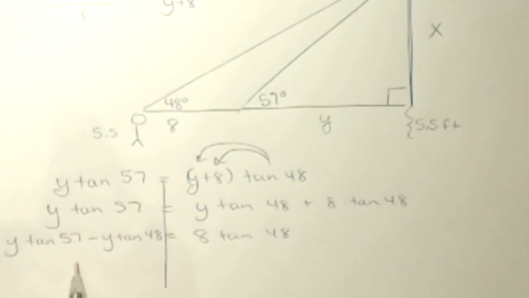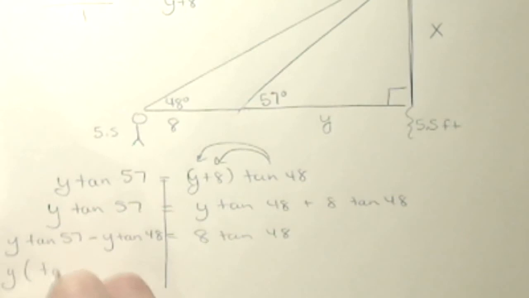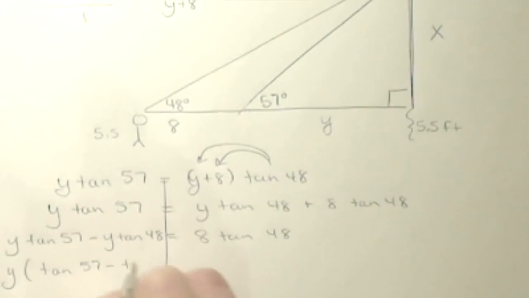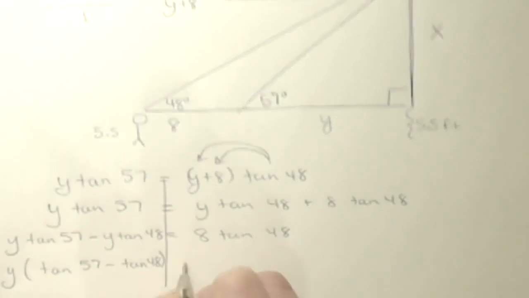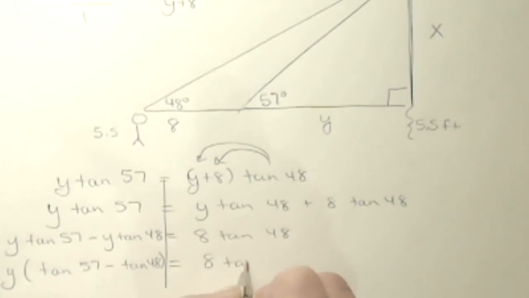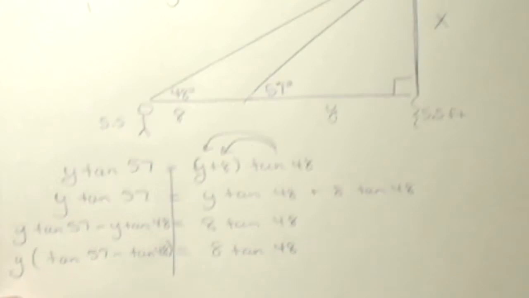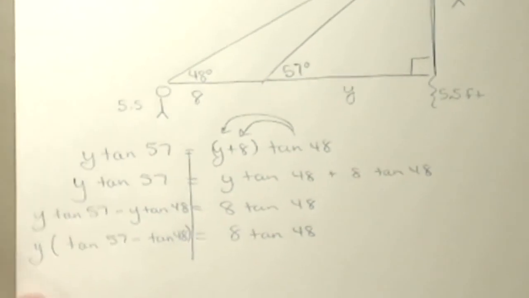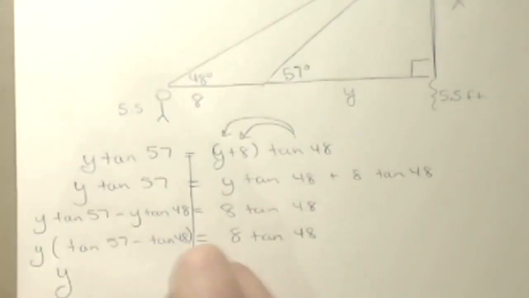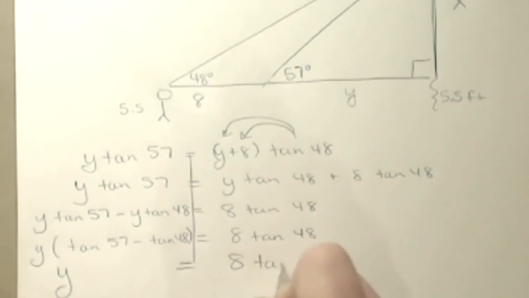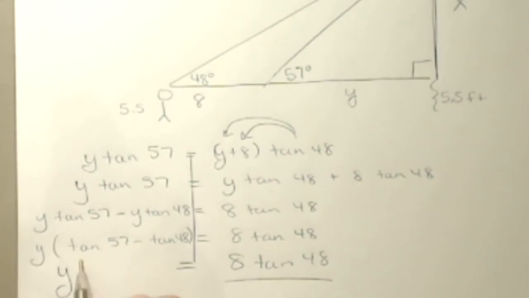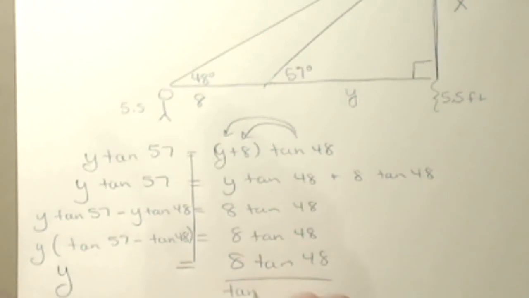Then over here I'm going to factor out the GCF of y, further isolating the variable y. And being the algebra geek that I am, rather than going decimal at this point, I'm going to just go ahead and solve for y and say it's 8 tangent 48 divided by the tangent of 57 minus the tangent of 48.